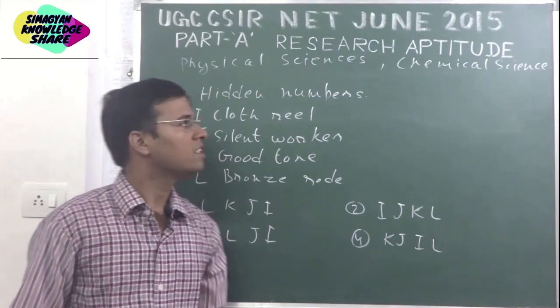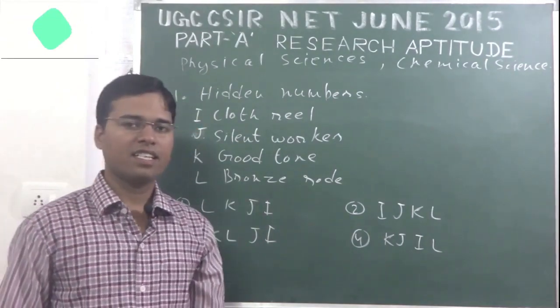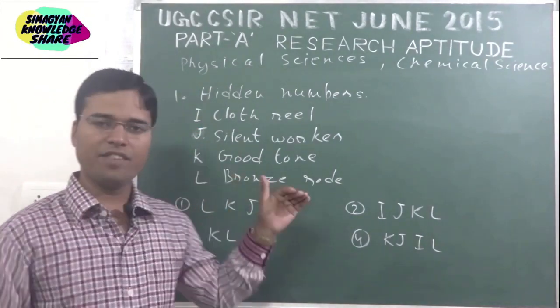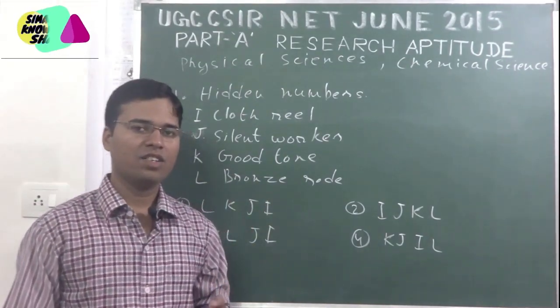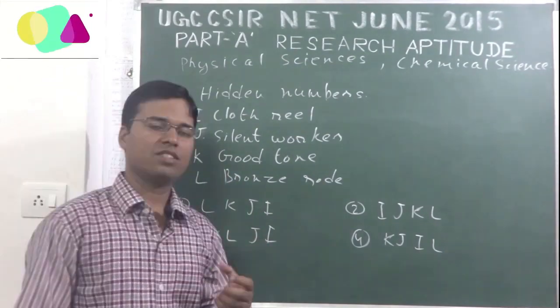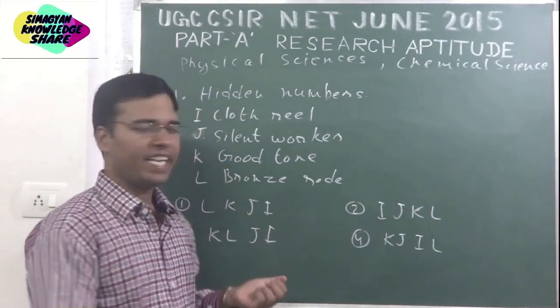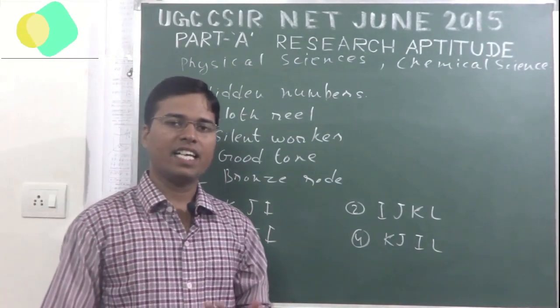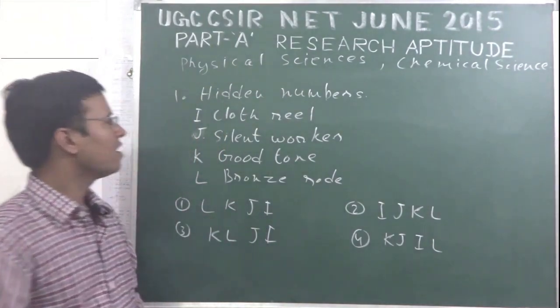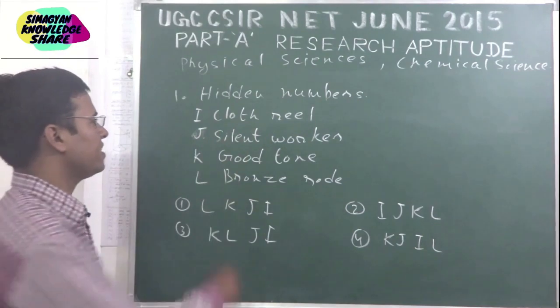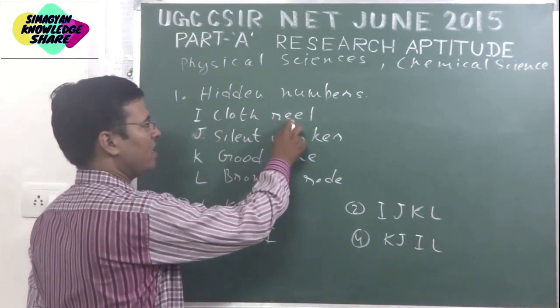In this problem, the question is asking that in those given sentences, some numbers are hidden. So first we find those hidden numbers and then arrange them in ascending order. That will be our answer. So let's see the first sentence: cloth reel.